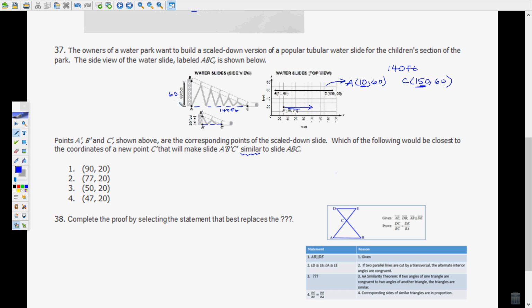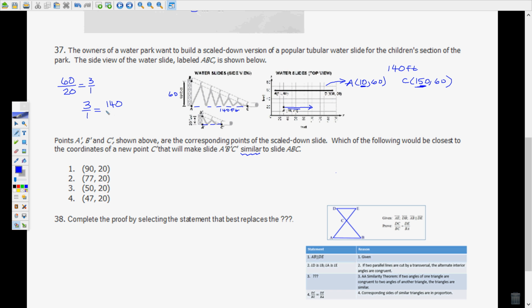So we can figure out the ratio between the two slides, and I'll put the big slide over the little slide, 60 over 20. So our ratio is going to be a 3-to-1 ratio, the big slide to the smaller one. And we can set up a proportion to figure out what A prime, C prime is, because we know that AC is 140.